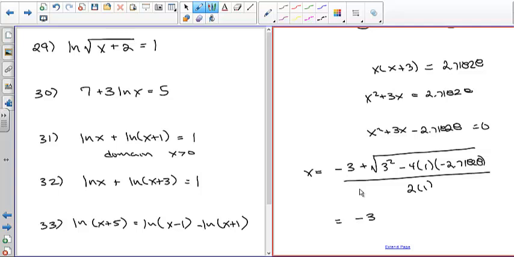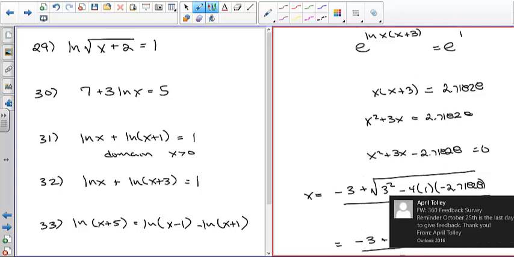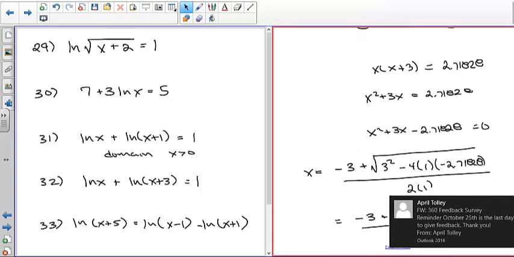So you get plus 4.458 all divided by 2. So 4.458 minus 3 is 1.45 divided by 2 is 0.998.